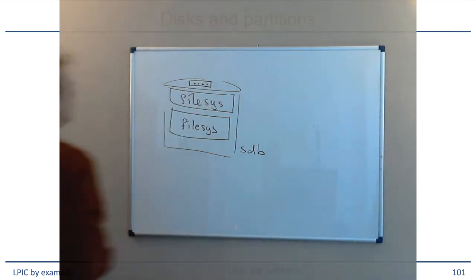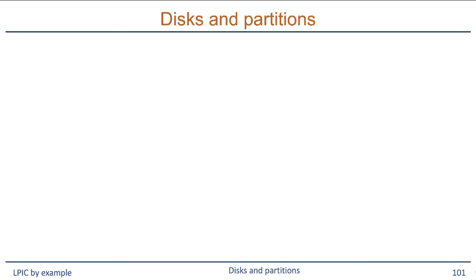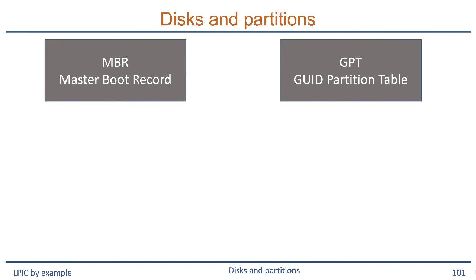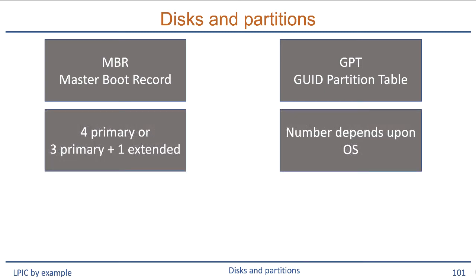In Linux we work with 2 formats at the moment. The first one is called MBR, or Master Boot Record, and that's a very old one. The second one is GPT, which is the more modern table. An example of using MBR is that you can create a maximum of 4 partitions.